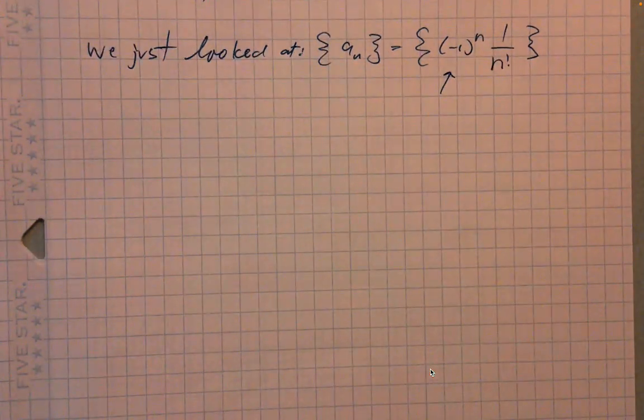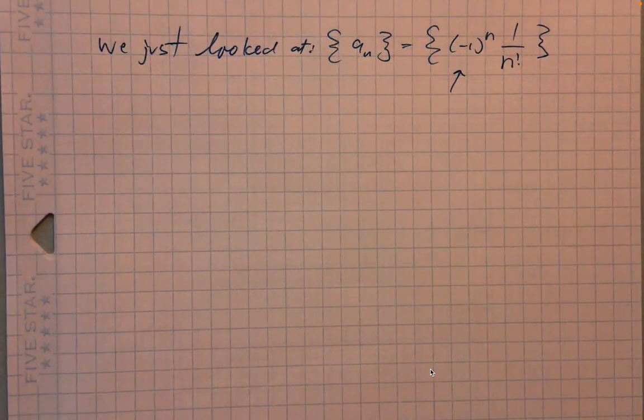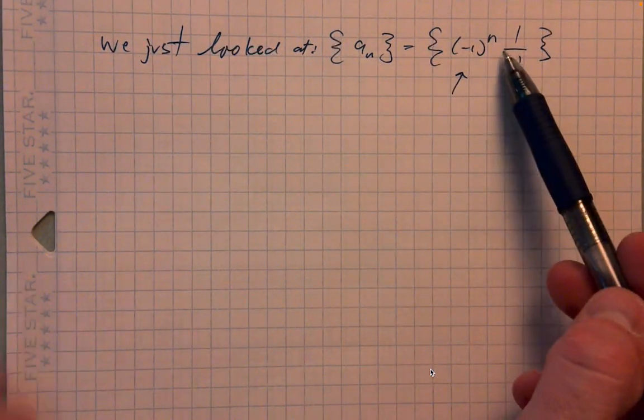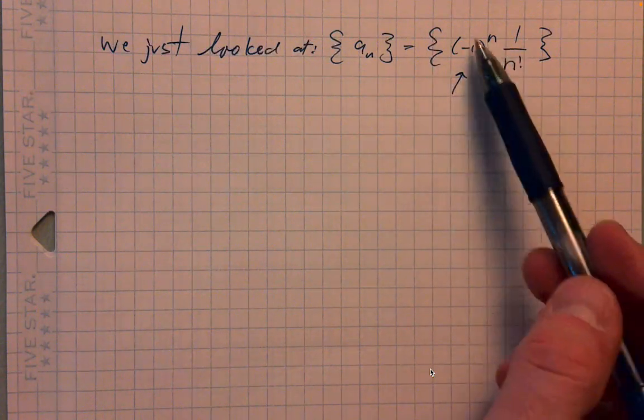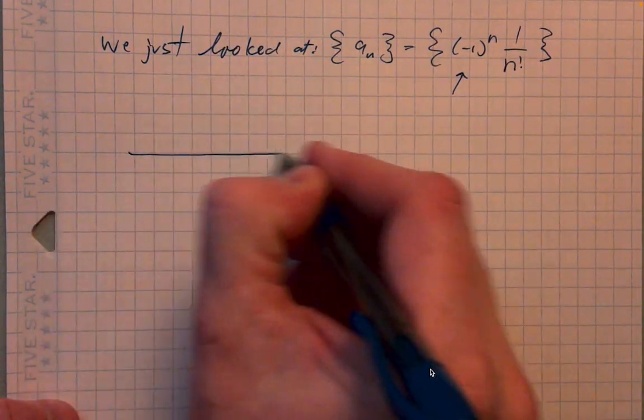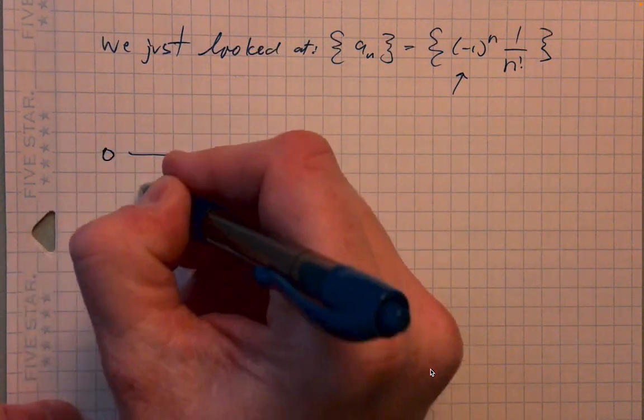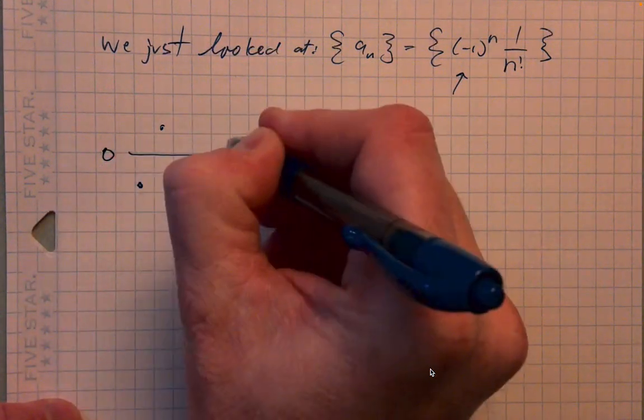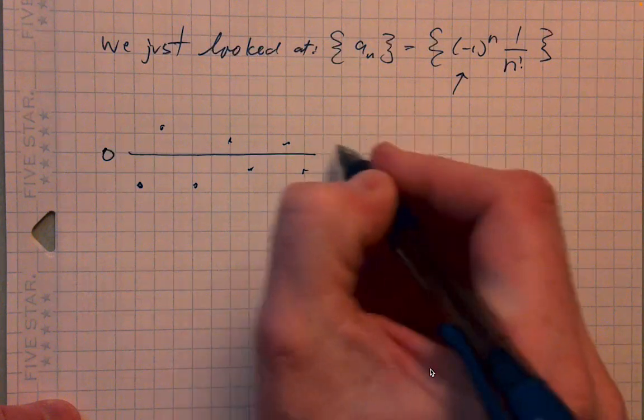You're going to see this a million times, but this basically creates the oscillation of positive, negative, positive, negative, forever. This is a really common thing to see in sequence definitions, and anytime you see it, you can count on the sequence oscillating across the zero line, right?